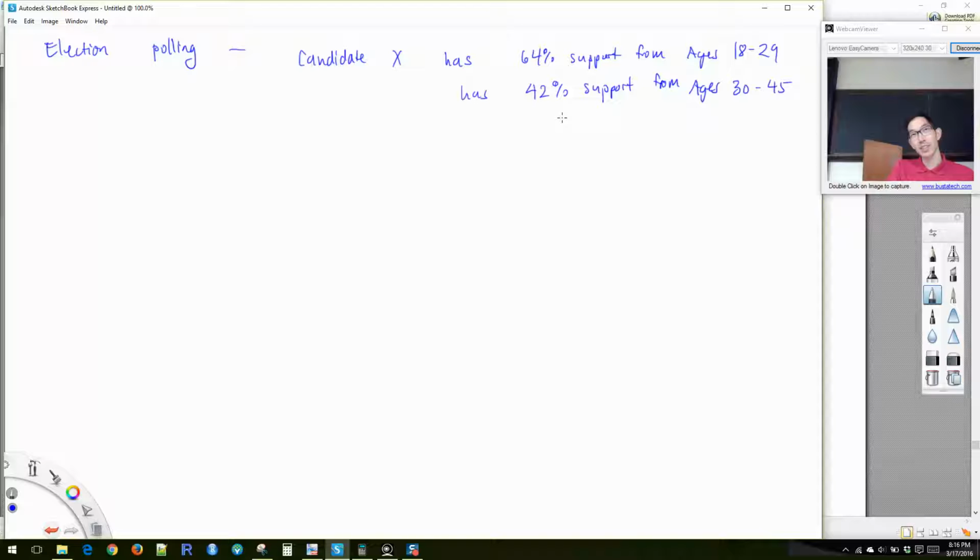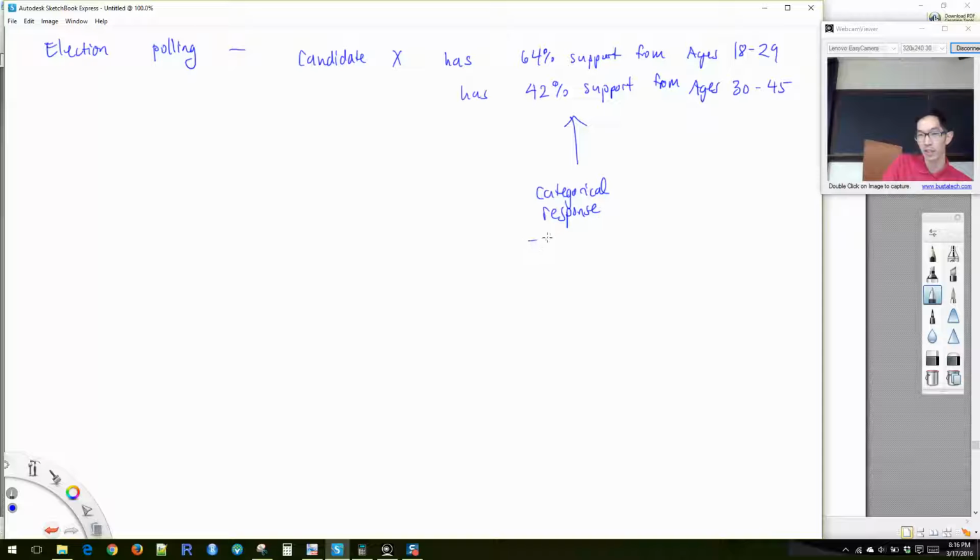Okay. Oh, okay. So this is actually a categorical response and a categorical predictor. Even though the support is summarized as a percentage, this is actually a categorical response.